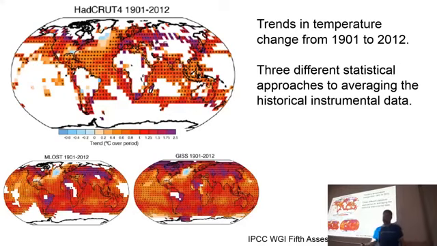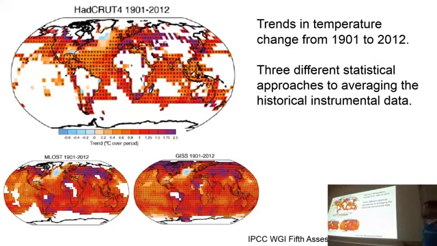So moving into the instrumental period, one of the, I guess, less rational criticisms of the way we construct our climate history is that there are a bunch of different research groups that work completely independently, and they take the same or similar data sets to produce this kind of record of temperature through time.